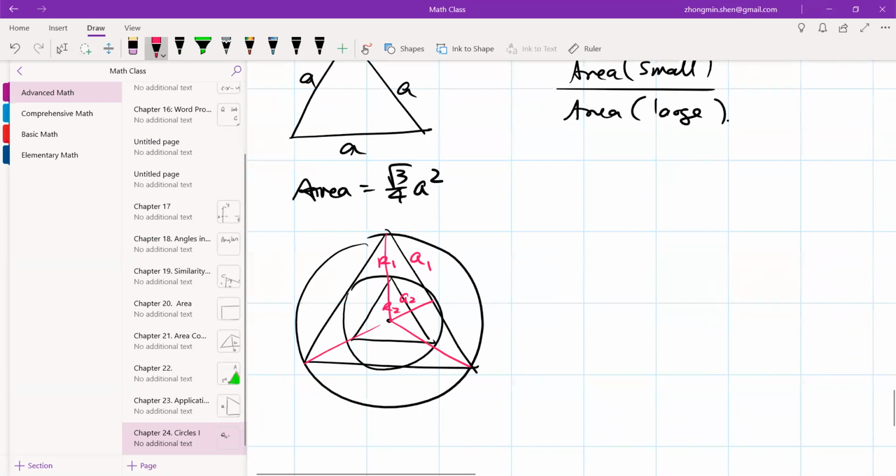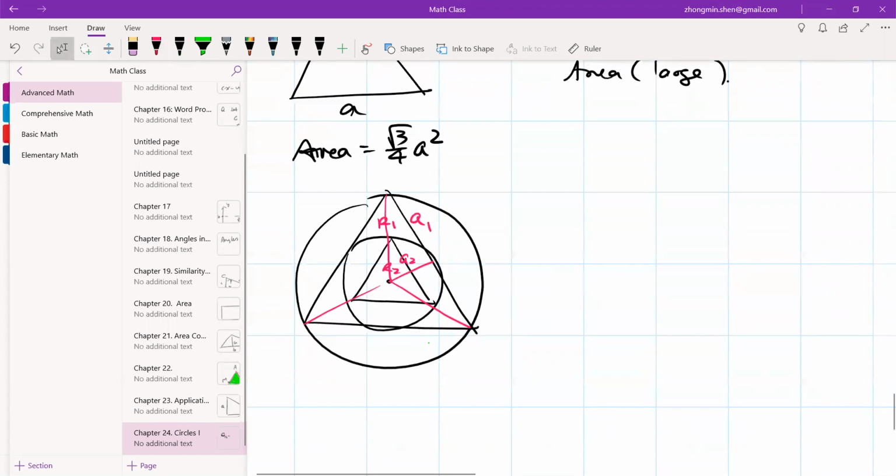Okay. So let's find out. Maybe it's easy to find the relation between radii instead of A1, right? So you can see that A1 is going to be, from the special triangle, square root of 3 over 2 times R1. Okay. So A2 equals square root of 3 over 2 times R2.